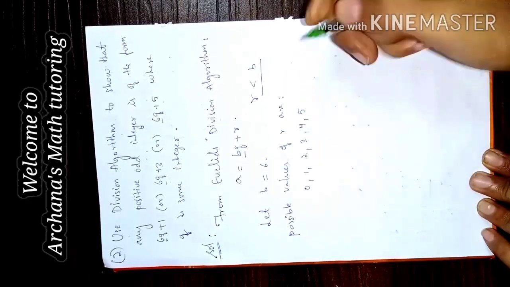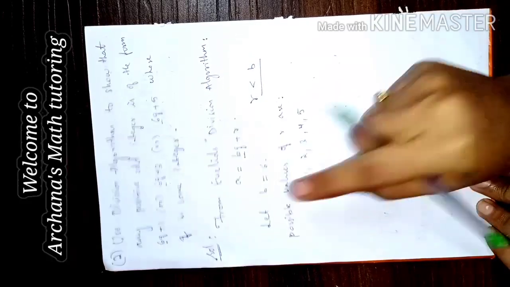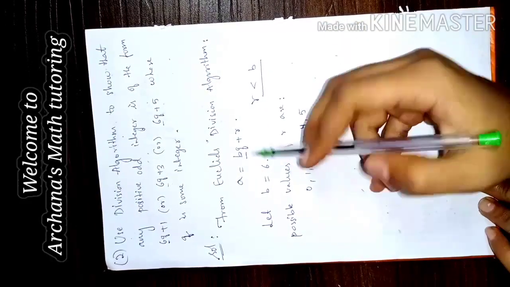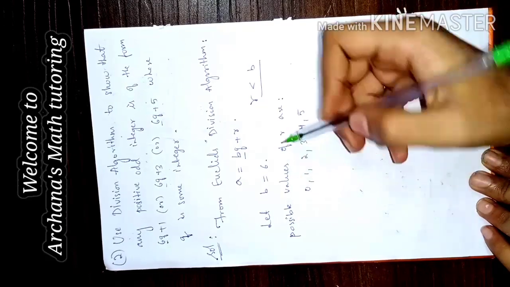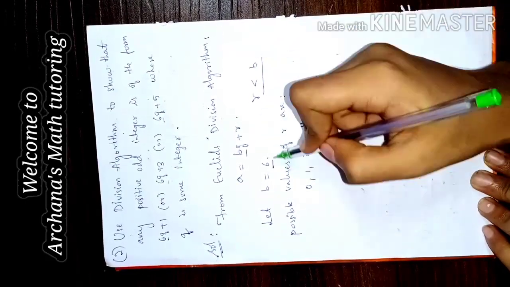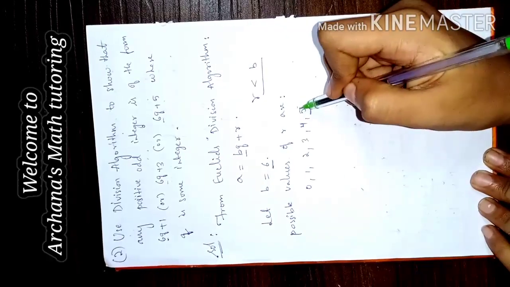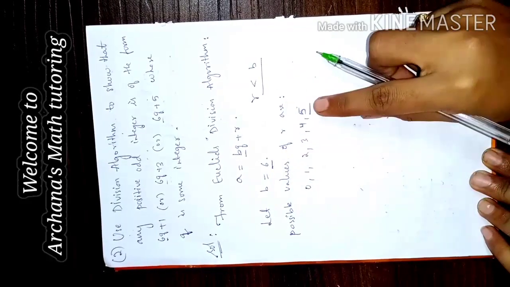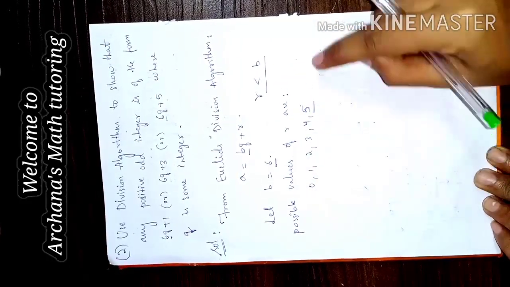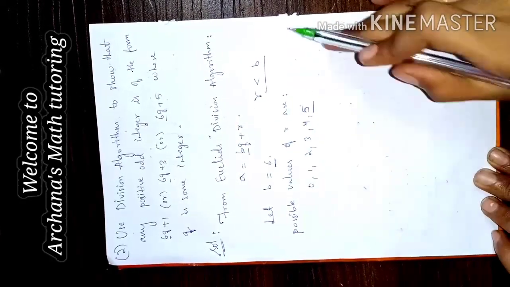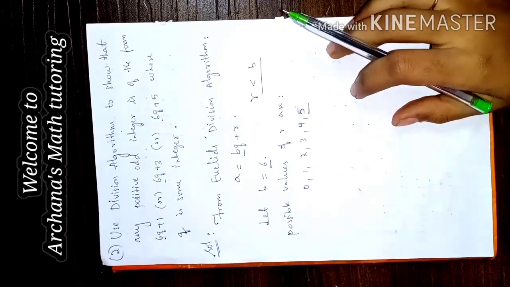These all values are less than 6. So simply you can remember, friends, that whenever you have a value such as 6, take numbers less than it as the remainder. So when it is 6, you can take from 0 to 5. If it would be 12, you would take from 0 to 11. If it is 13, 0 to 12, and so on.